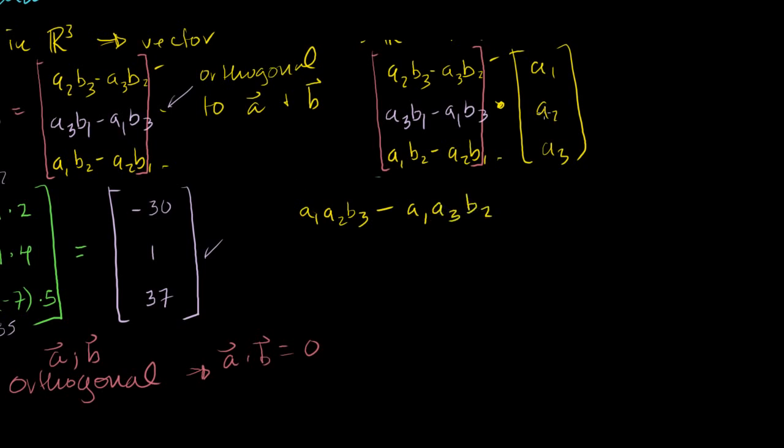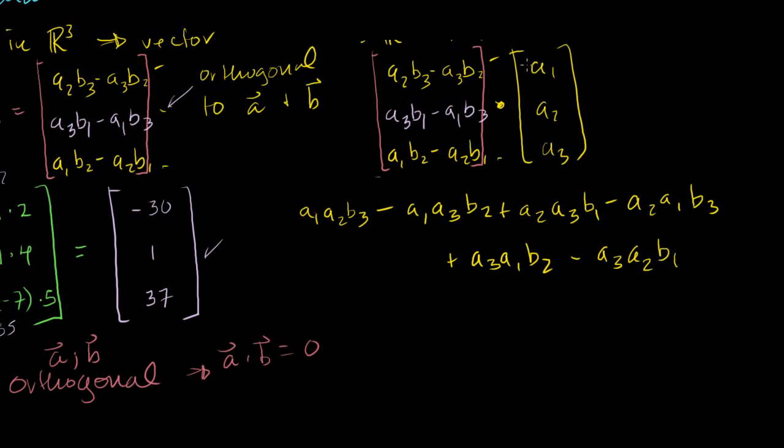And then you have plus this times this, so plus A2 times A3 times B1, and then minus A2, A1, B3. And then finally plus A3 times A1, B2, minus A3 times A2, B1.